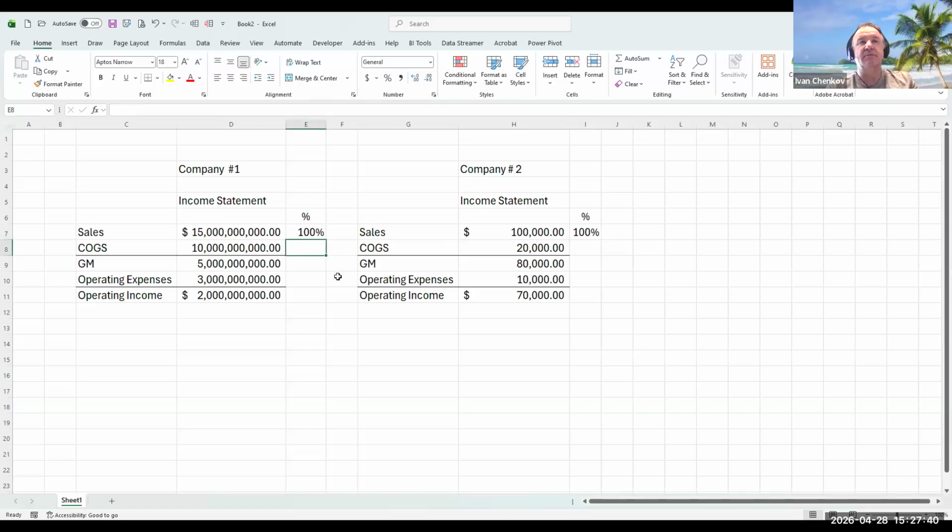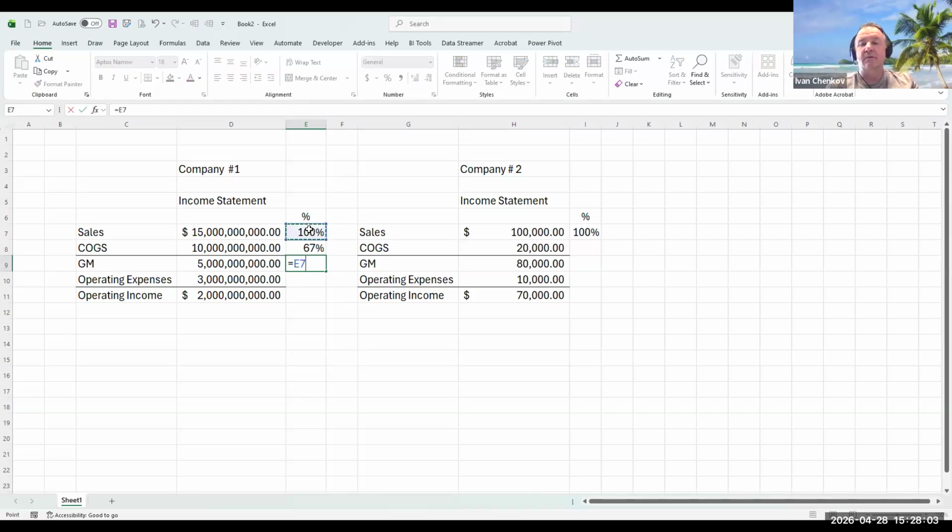Here, how much is the cost of goods sold as a percentage of sales? That will be cost of goods sold divided by sales. And as a percentage, here I have 67% cost of goods sold. Then the gross margin will be 100 minus 67%. Let's leave it without the decimals.